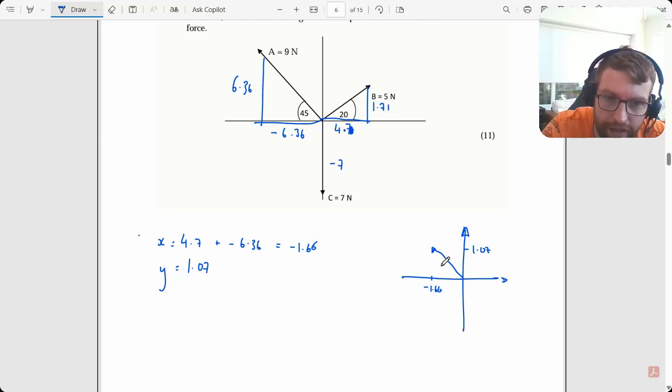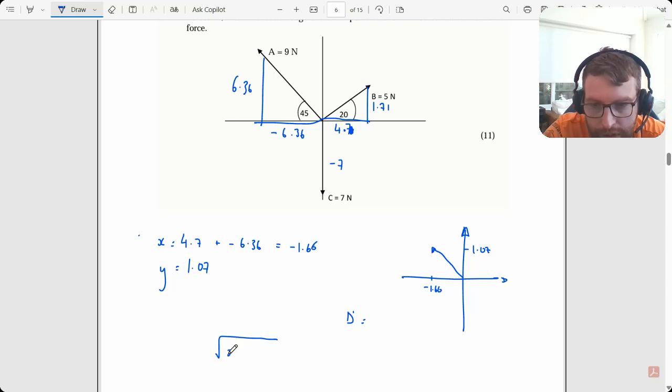So to get the actual value of the force, we'll call this force D, we're going to use Pythagoras again. So these two numbers, x squared plus y squared, and square root them.